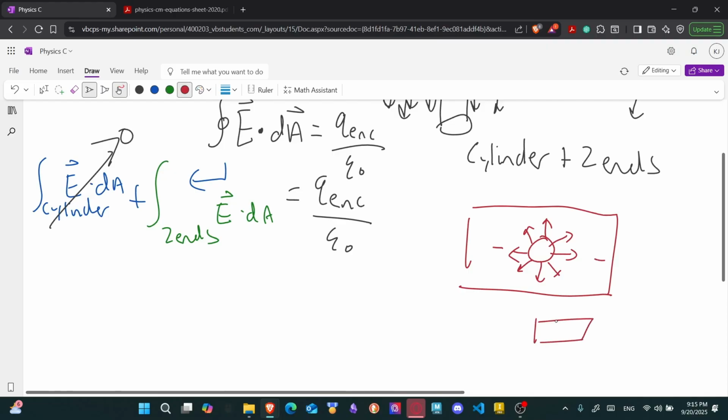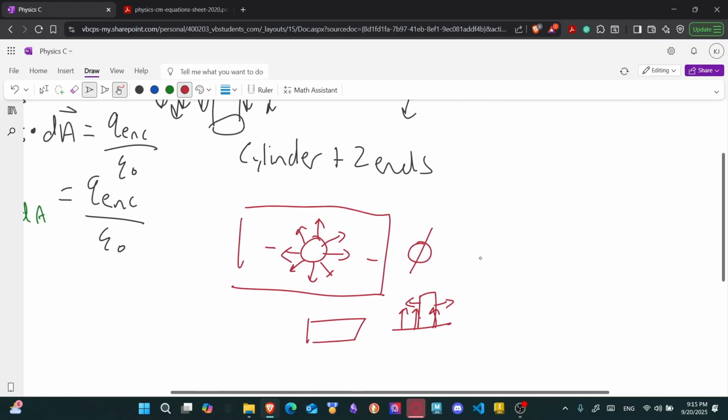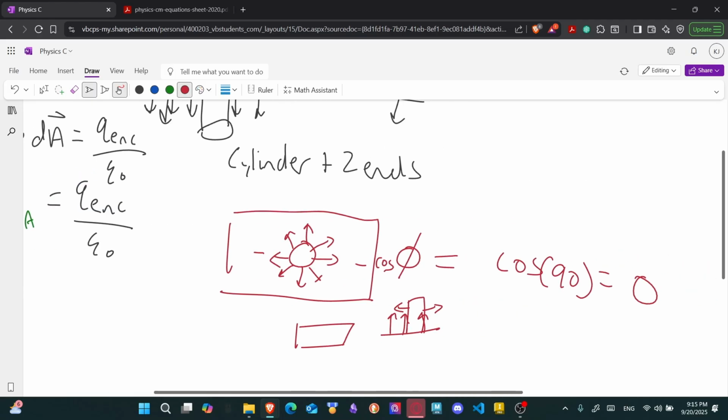So they are perpendicular. If you take the angle phi of 90, cosine 90 is equal to 0. So the area over here, the flux through the cylinder body, is equal to 0.